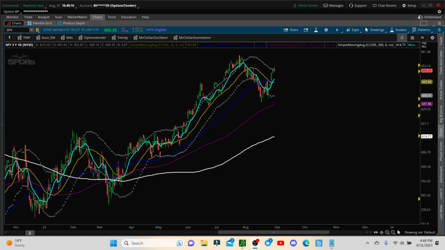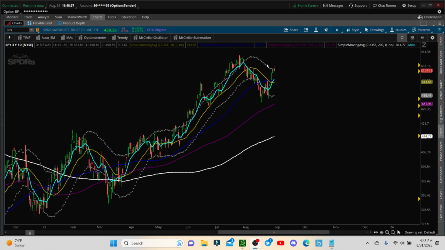So what we're going to do is go on SPY on the daily and the 65-minute, and we're also going to check out QQQ as well. Right now we have the Keltner channels on board here. You see the dotted gray dashes, the upper end and the lower end. And right now we are rejecting off the upper end of the Keltner channel.